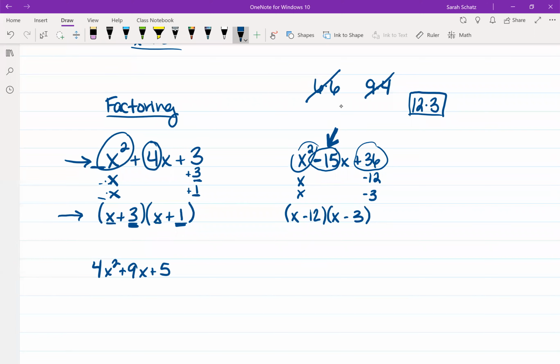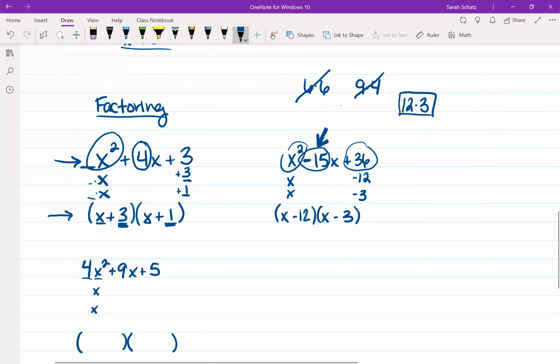But anyway, let's do this one. So we have a 4 now in the front of the x squared. So my two first terms, that x and x, it's not just as simple as x times x anymore. Because not only do I need the x times x as factors of x squared, I have to think about factors of 4 too, and put those on as the coefficients of those x's. So I could go one of two ways here. I could do 2 and 2, or I could do 4 and 1.